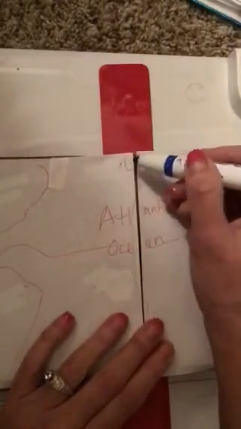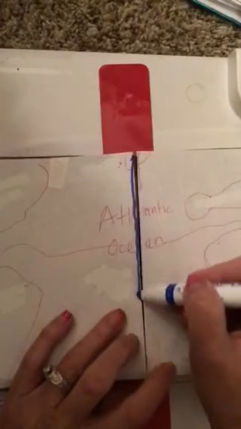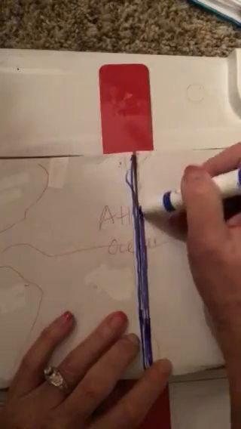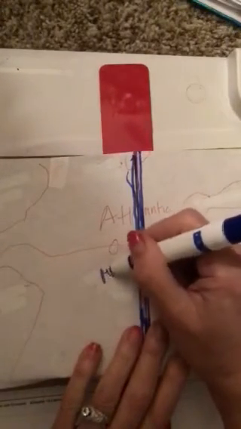So here's the Atlantic Ocean, and literally the crack between my two boxes is the crack here, or the mid-ocean ridge. This one is the mid-Atlantic ridge because this is the one in the middle of the Atlantic Ocean. So we're going to label this the mid-Atlantic ridge.